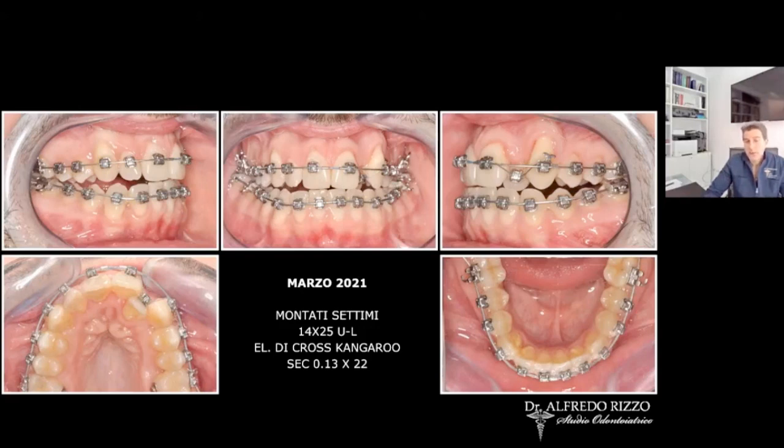Here we use kangaroo. They are 3/16 with 4.5 ounces of force. By adding a sagittal arch wire on 2-2, I'm passing it through the bracket and the additional openings of the adjacent teeth brackets.